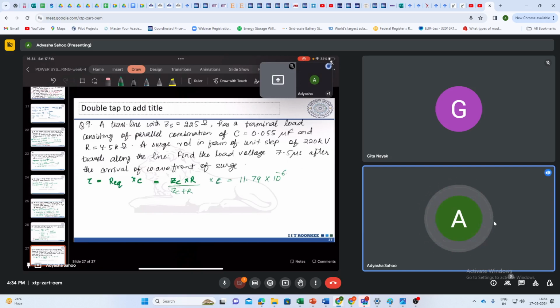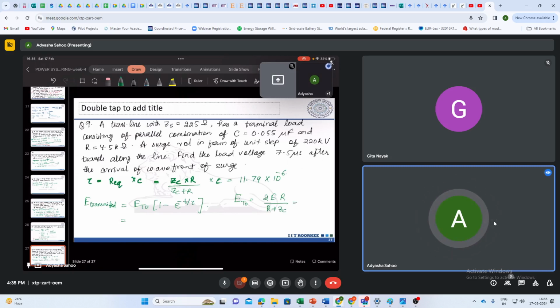So for load voltage or transmitted voltage basically, into 1 minus e to the power minus, so here initial transmitted is R plus ZC.